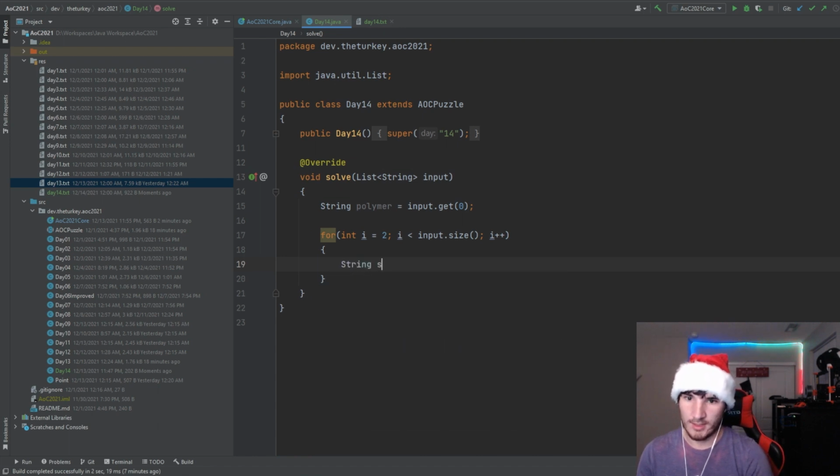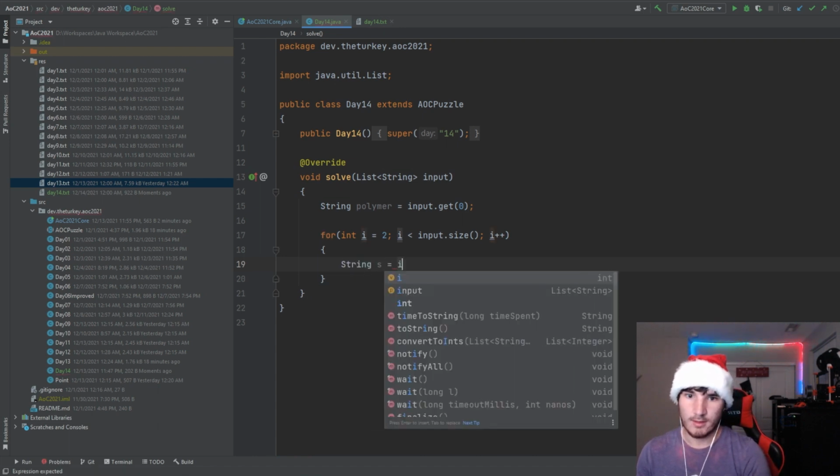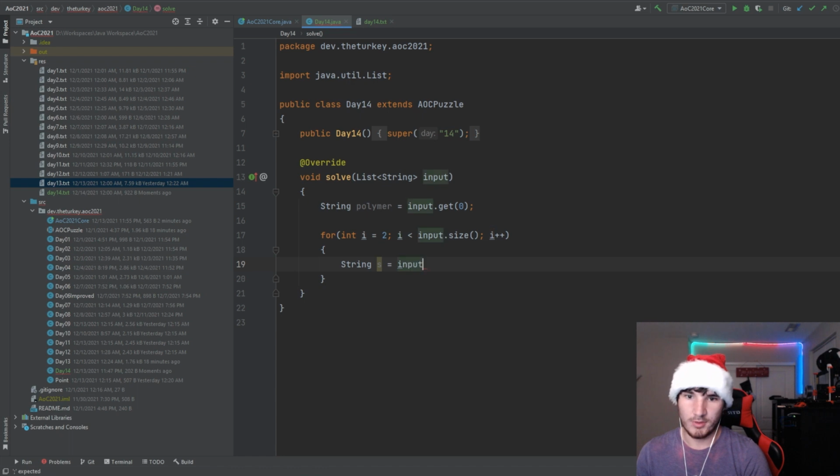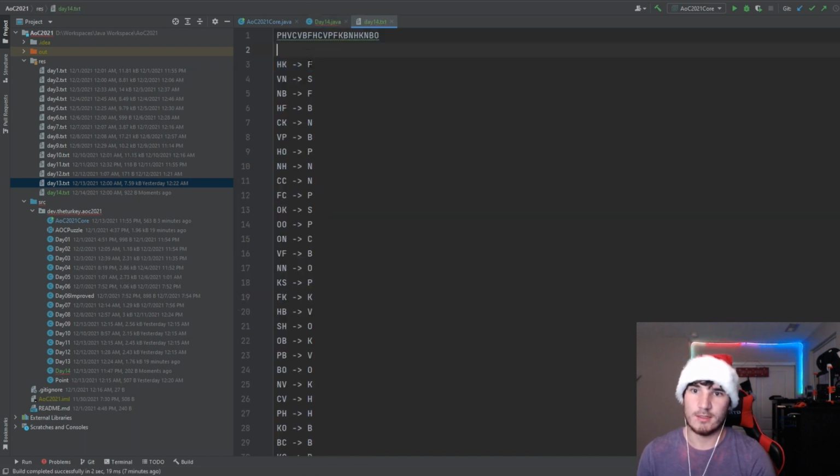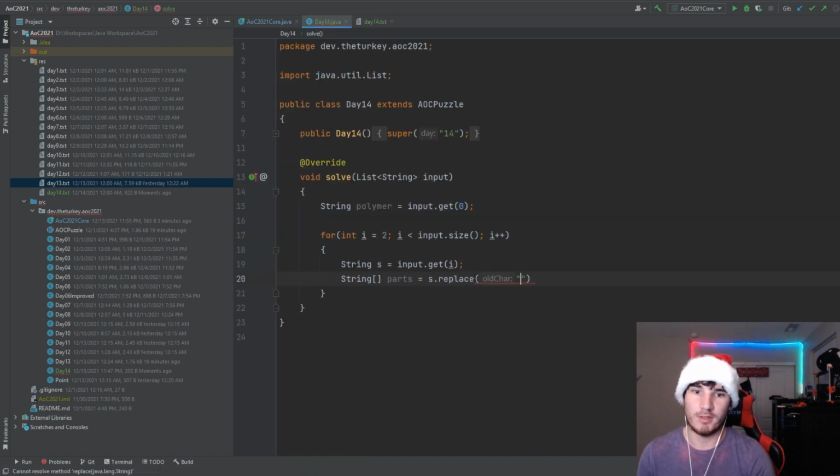So we're going to go string s is input get i, and then we're going to go ahead and get our parts again. That is going to be equal to s, not replace, just split on this. That gives our parts.